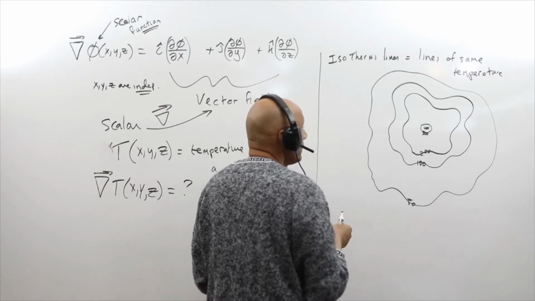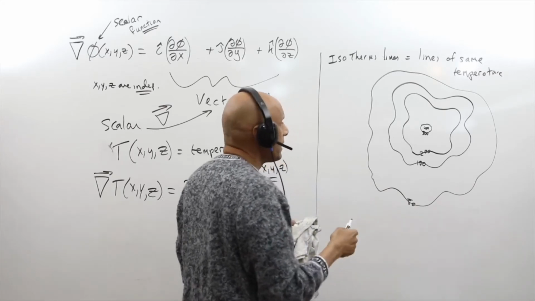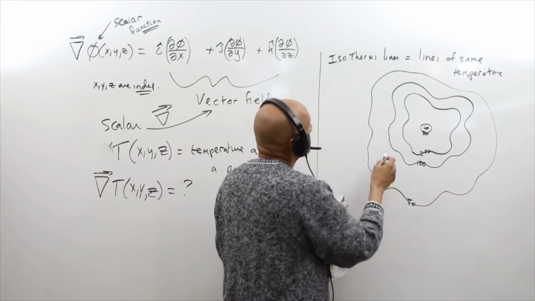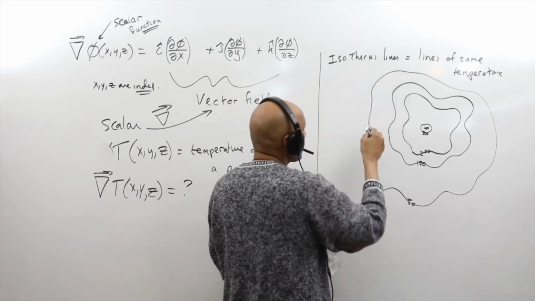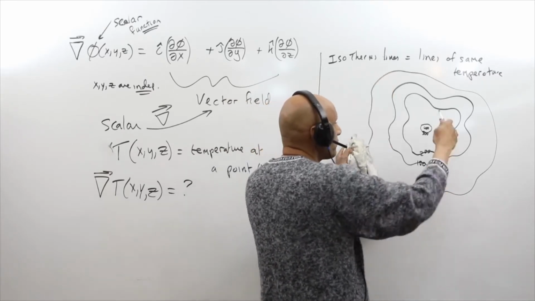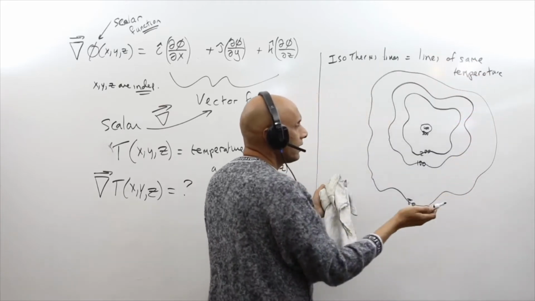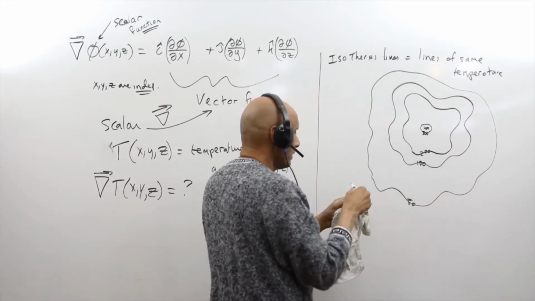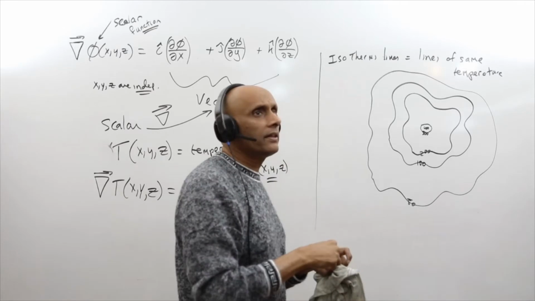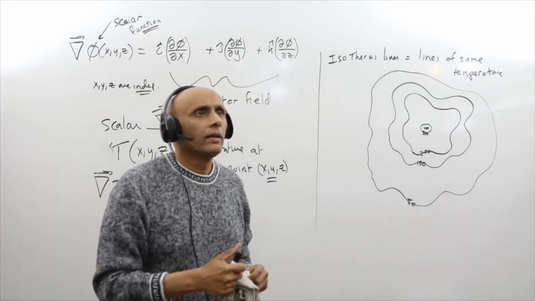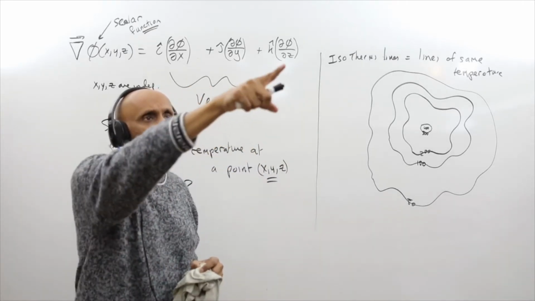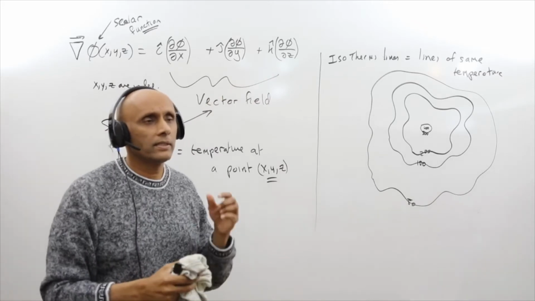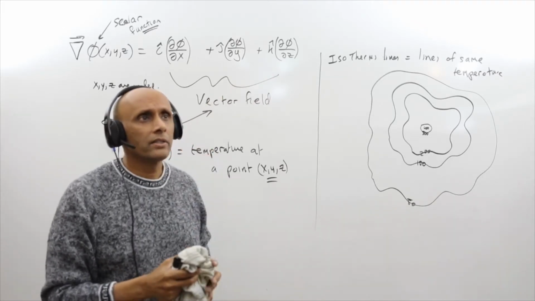Now if you're working in three-dimensional space, these wouldn't be lines. These would not be called isothermal lines. They'd be surfaces, where the temperature is uniform. For example, in this room, there's a radiator that's pumping out air.